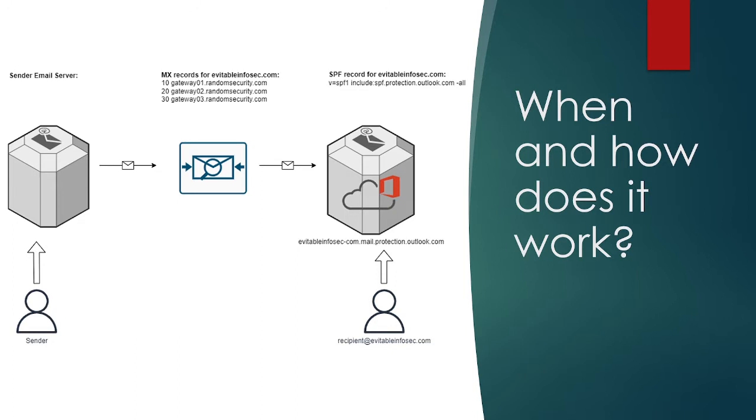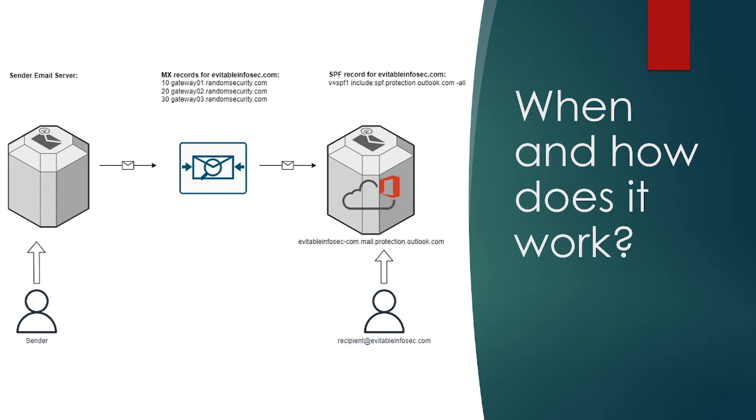Our sender on the left wants to send an email to recipient@evitableinfosec.com. They open their email client, type in the recipient, write their email, and hit send. Job well done. The email client then passes that message onto the sender organization's email server, top left, and it's up to the sender email server to figure out how to deliver the email.